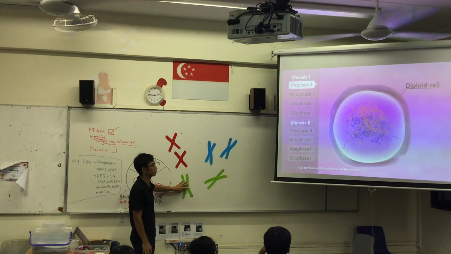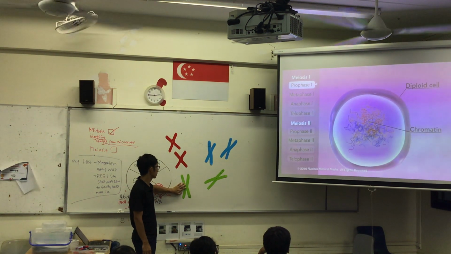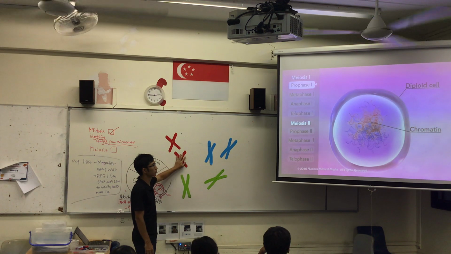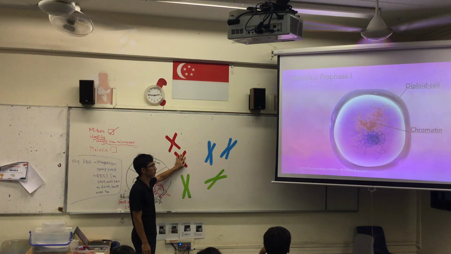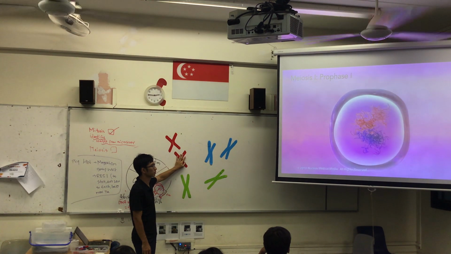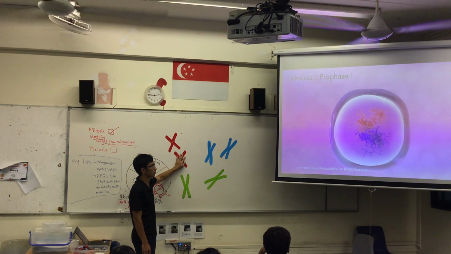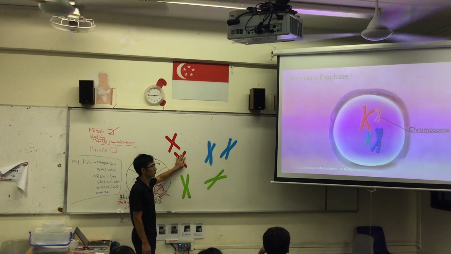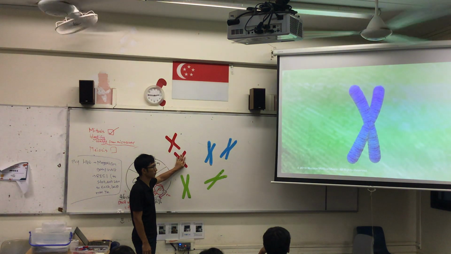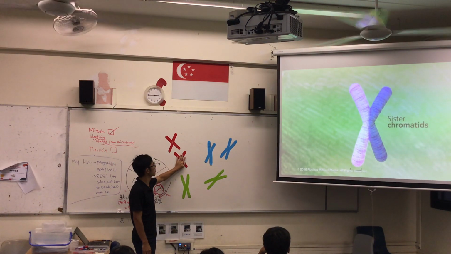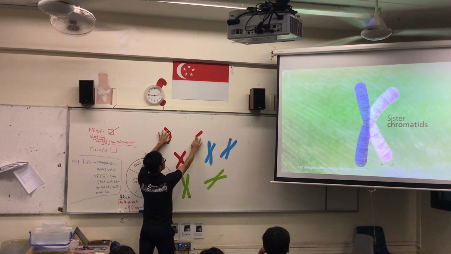Prophase 1 starts with a diploid cell. Its chromatin contains 2 uncoiled, spread out sets of chromosomes, one from each parent. After the DNA in the chromatin replicates, it condenses into the more familiar X-shaped chromosomes. The replicated DNA is the same in the identical sister chromatids of each chromosome.